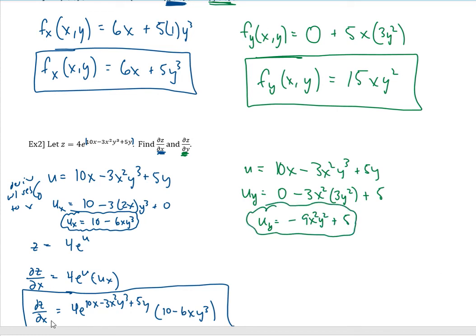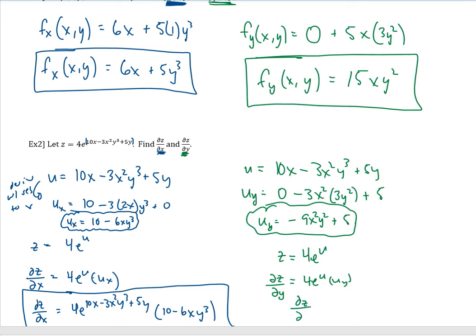And then now let's go ahead and rewrite our z, so it's in terms of that u. So it is z equals 4e to the u again. So I wanted to use a u sub. And then the derivative of this with respect to y would be written as del z del y, which is equal to, again, the exponential function is its own derivative, so 4e to the u, but then times the partial derivative of u with respect to y. And then again, we have all that, we just have to plug it all in, and then we're done.